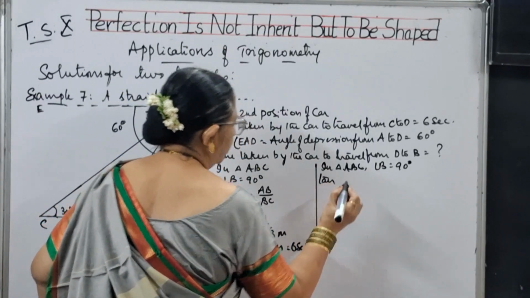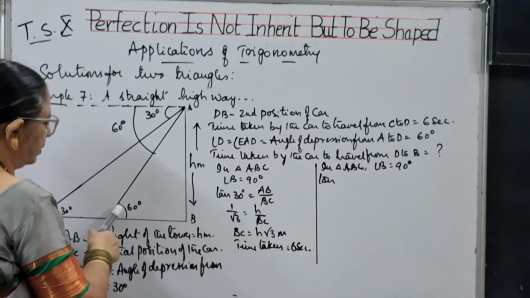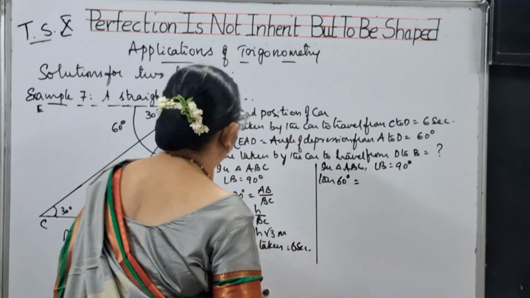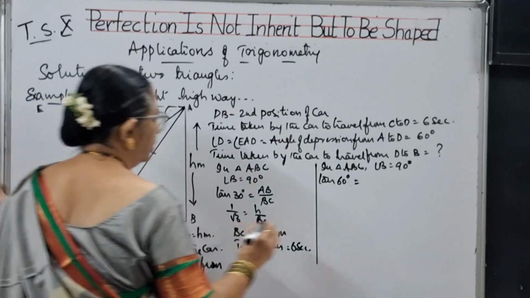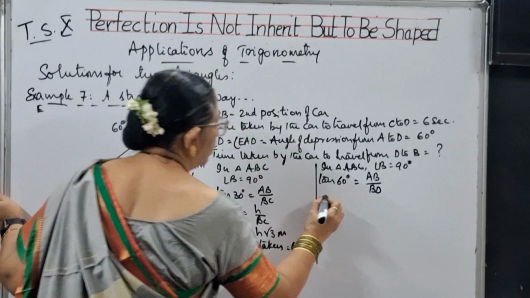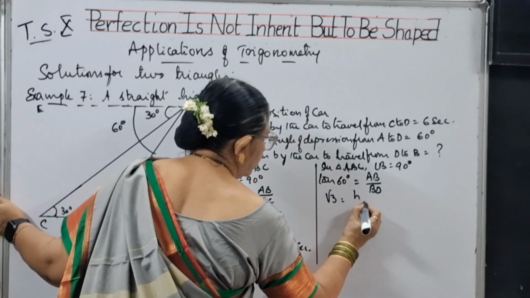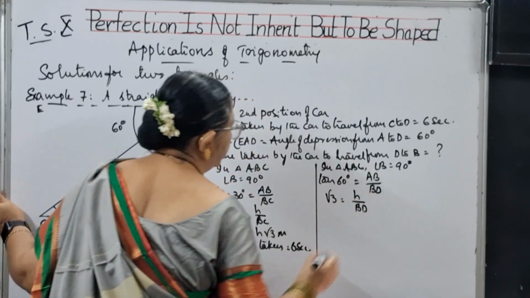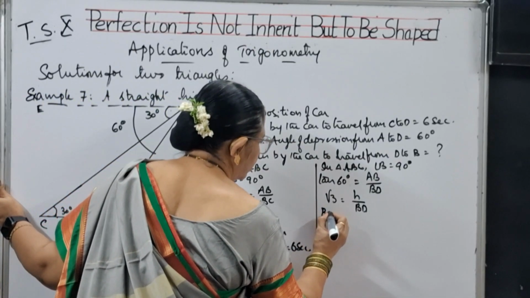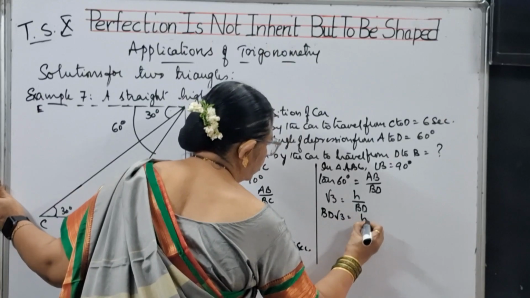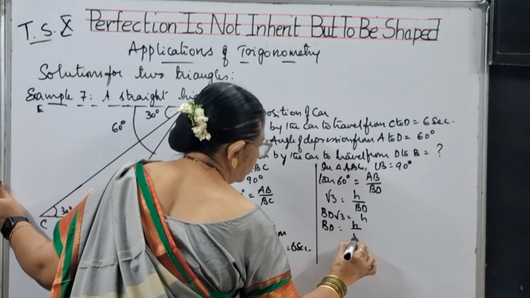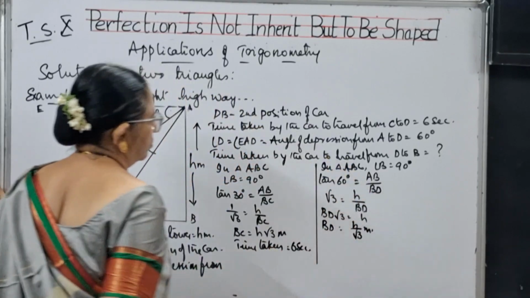So tan 60 degrees is equal to AB by BD. Tan 60 means root 3. Root 3 is equal to H by BD. So what is BD? BD root 3 is equal to H. So BD is equal to H by root 3 meters.